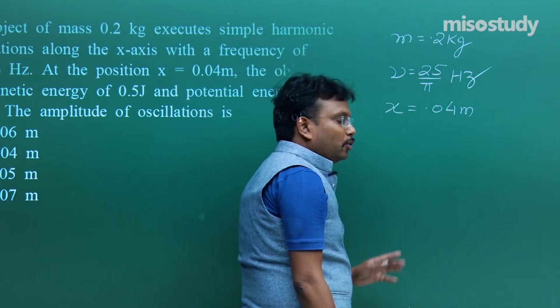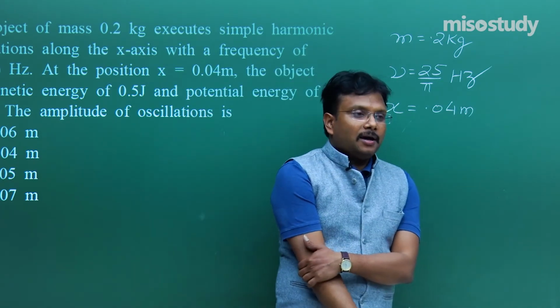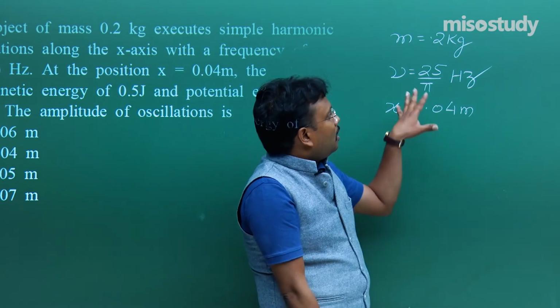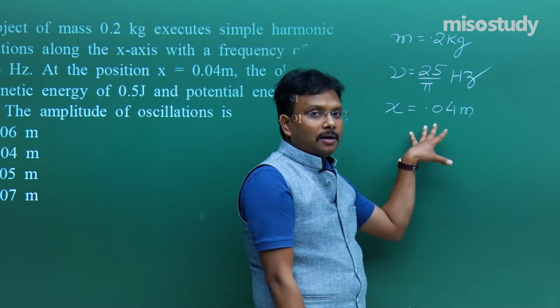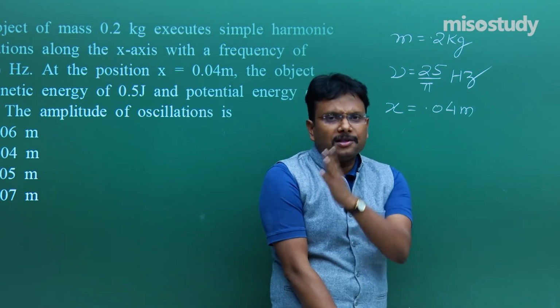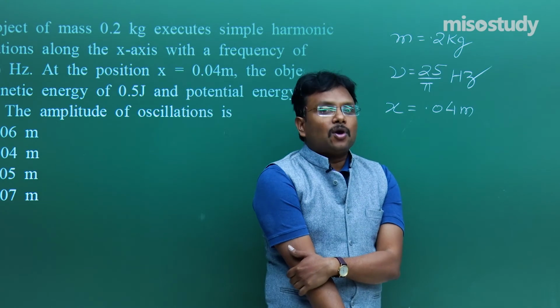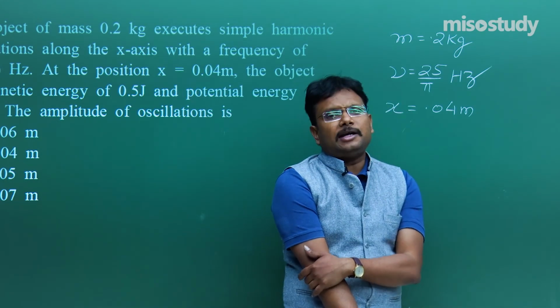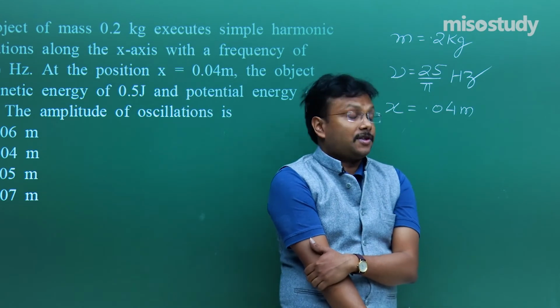Now, why am I doing this? See, during the solution of the problem, you should mention the given numbers this way. Why? Let us say I am applying a formula, for example, k is equal to x square y square upon p square t square, something like that, in physics.